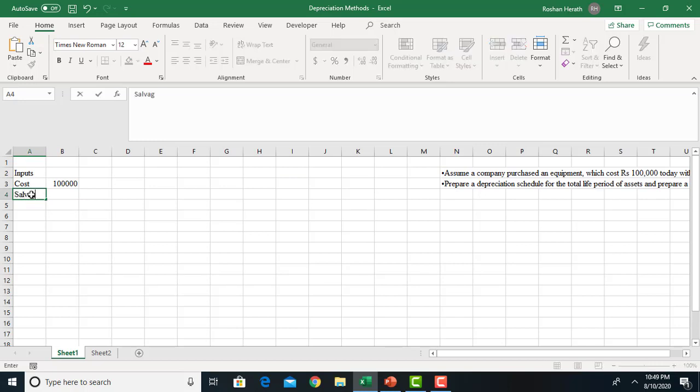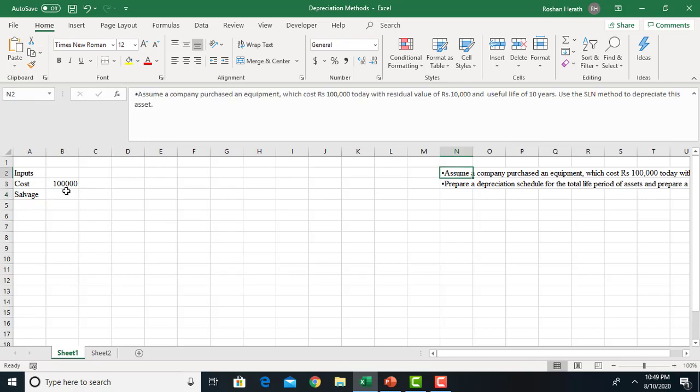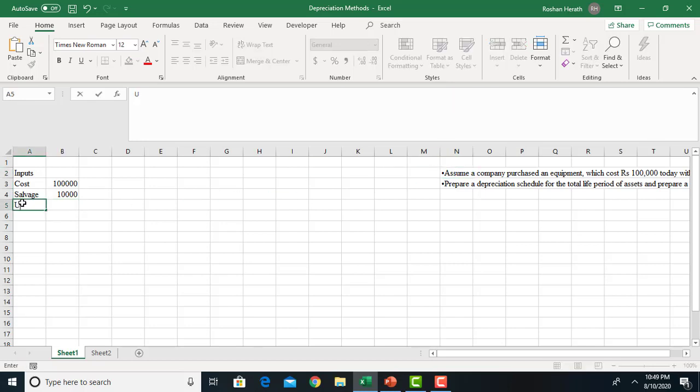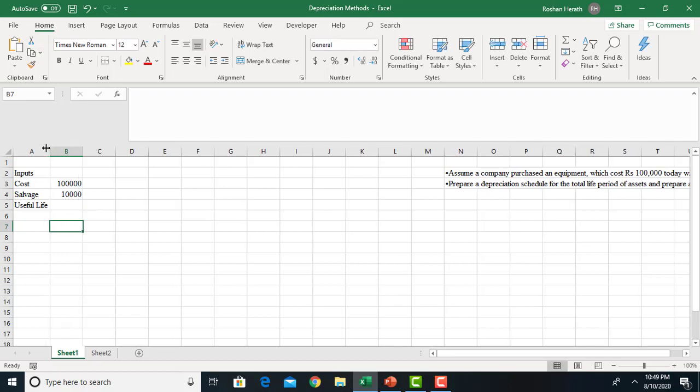The salvage value is given as 10,000. And the useful life is also given, that is 10. These would be the most important inputs required to compute the depreciation under the straight line method.